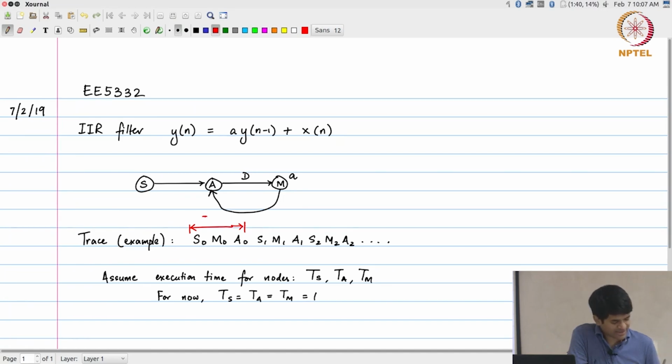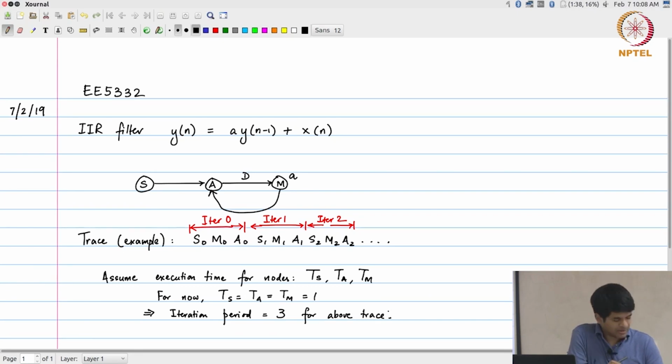Okay, so this I will call as iteration 0, okay, because they correspond to S0, M0, A0. This one I will call as iteration 1. This is iteration 2, etc. Right? So, the iteration period is equal to 3 for the above trace.